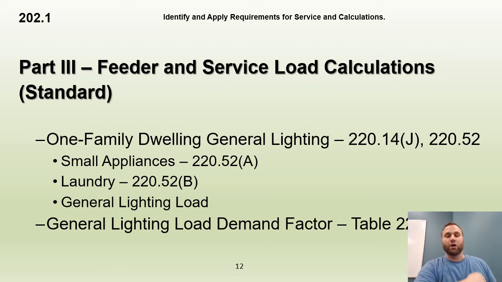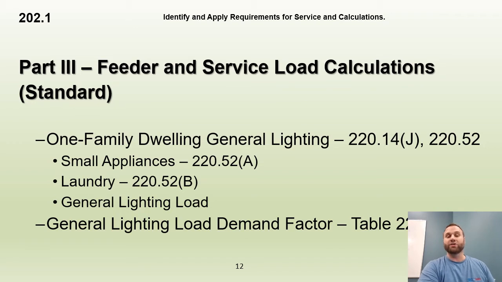220.52 goes on to tell us that we have permissions to include our small appliance circuits and our laundry circuits into our general lighting load. So how many small appliance circuits are a bare minimum for a one family dwelling unit? 2. We find that in Article 210.11c, I believe. We are required to have at least 2 small appliance branch circuits in the home.